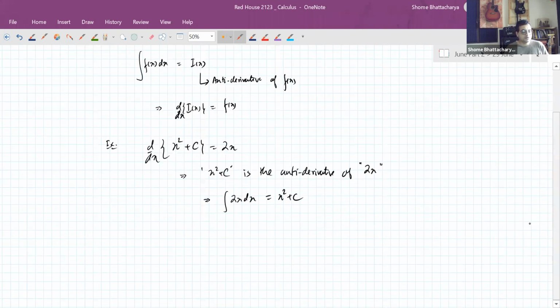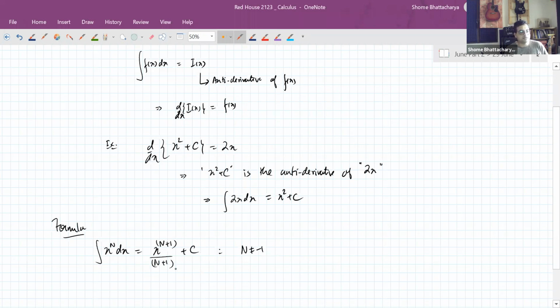Then after this, we saw the basic formula for integration of any power of x, x to the power n. This is given by the formula x to the power n plus 1 divided by n plus 1, plus c. This formula is applicable for all n other than minus 1.